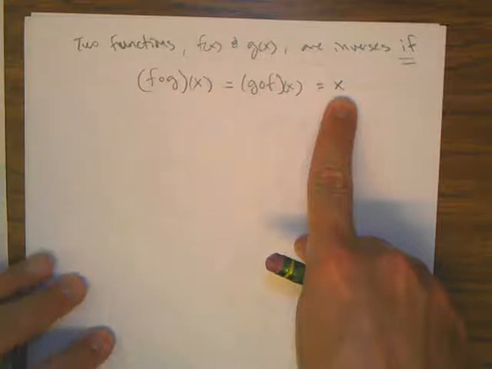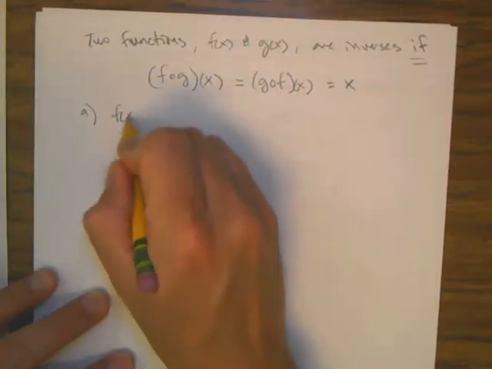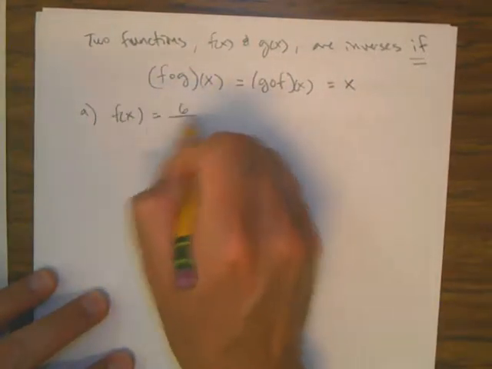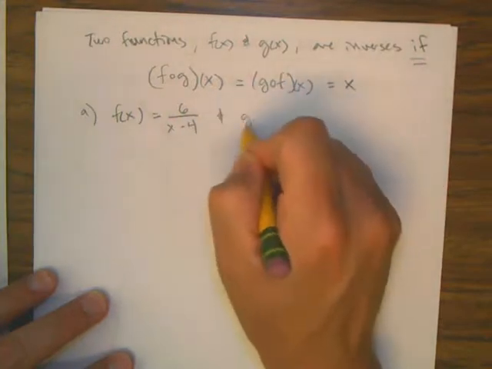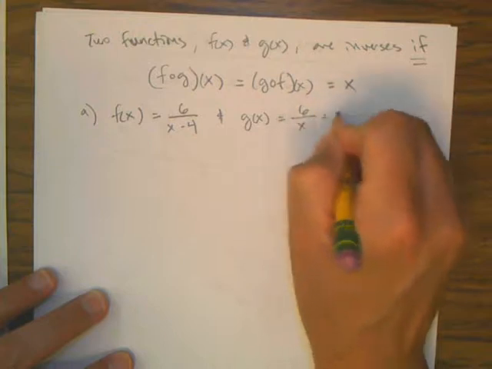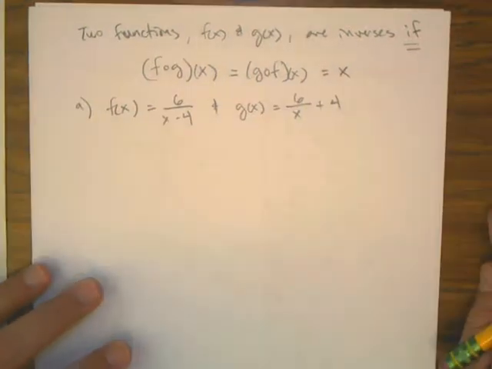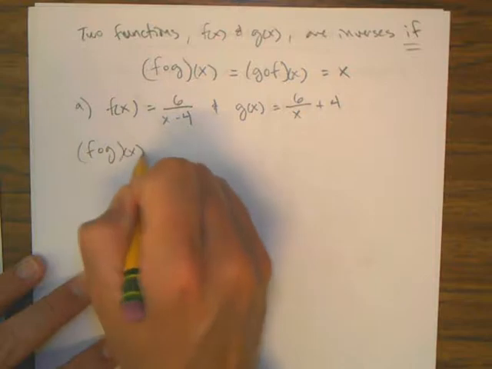Example A. F of x is equal to 6 over x minus 4, and g of x is equal to 6 over x plus 4. So the first thing I'm going to find is f of g of x. That means I'm taking g, plugging it into f.